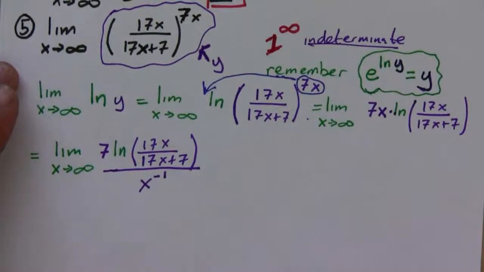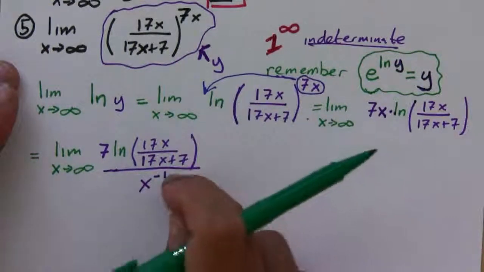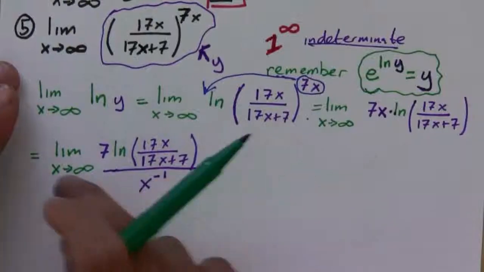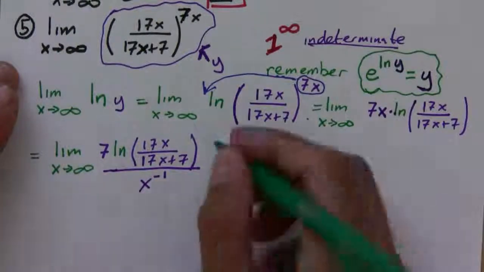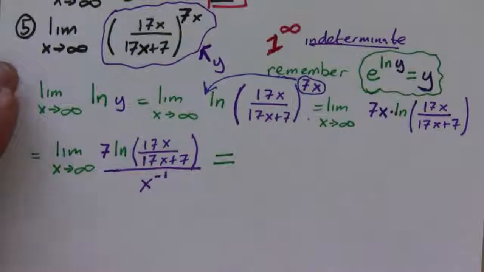And then what I end up getting is indeterminate, but of the form 0 over 0 if you plug in infinity. And so now I can use L'Hopital's rule on this guy.